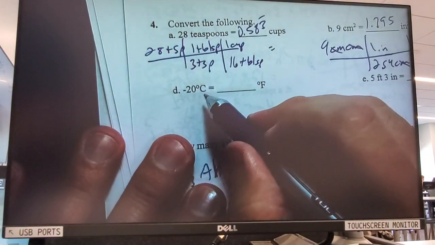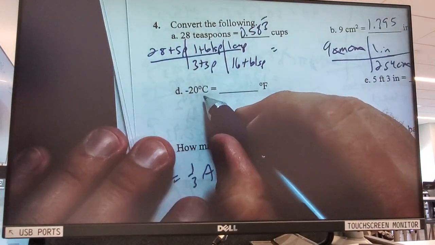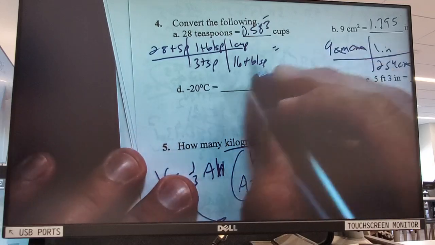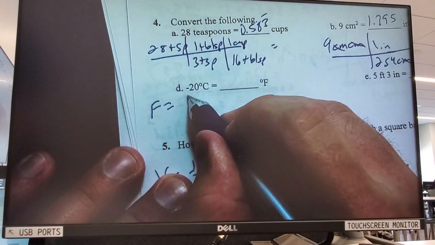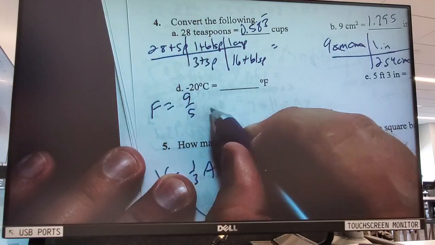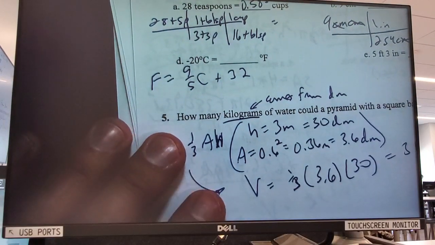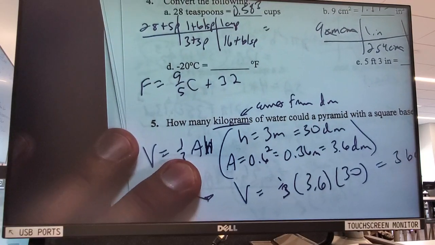So what is the formula for going from Celsius to Fahrenheit? Does anyone remember? It's not too bad. Something plus 32. So let's do 4D and 4E together, because I forgot.